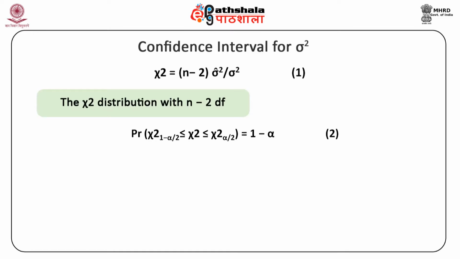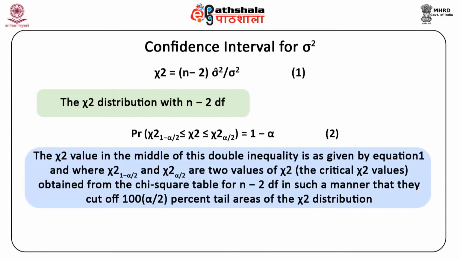This is our equation 2. So let me repeat here that this interval could be written as probability of chi square lying between chi square 1 minus alpha by 2 and chi square alpha by 2 is equal to 1 minus alpha.